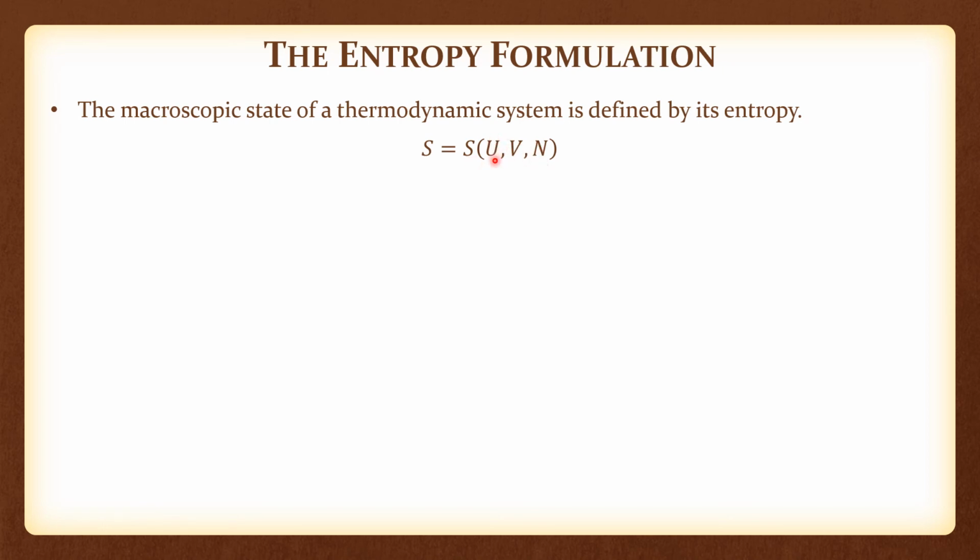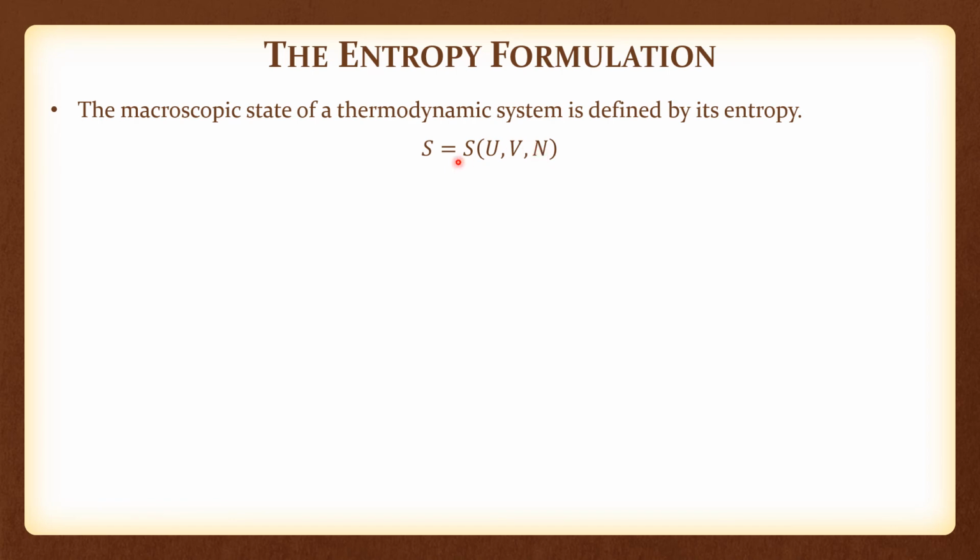For one, the internal energy corresponding to heat interactions, and the second, which is relevant to this lecture, is to do with moving boundaries and therefore volume changes. The third is the amount of substance or number of moles of substance present in the system. This has to do with a boundary which could be permeable or impermeable.